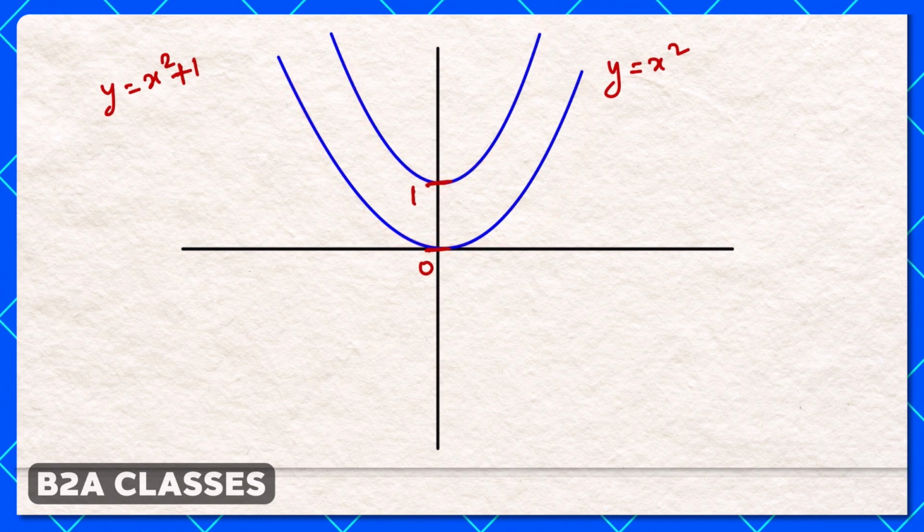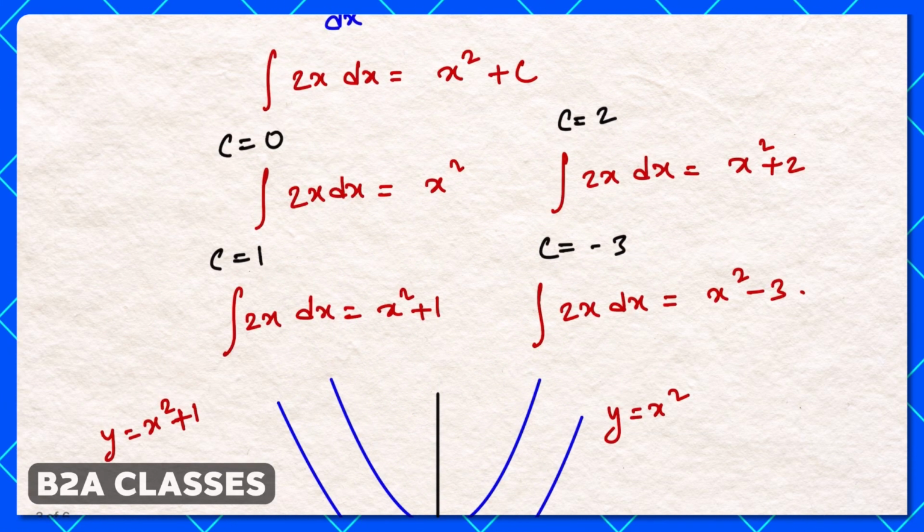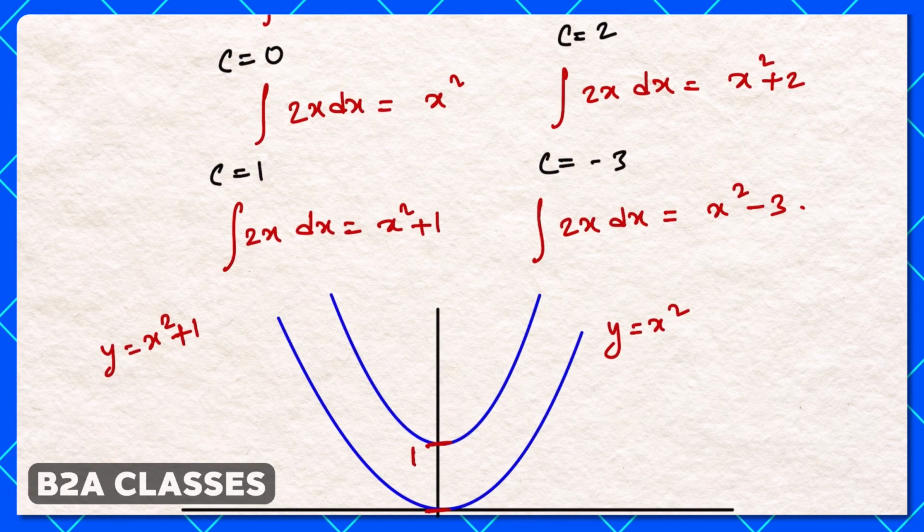Okay. Similarly, the next function was x square plus 2. So x square plus 2 is the same curve but 2 units above the curve y equal to x square. So the curve will pass through this point, 2. Okay. And similarly, what was the next curve? x square minus 3.